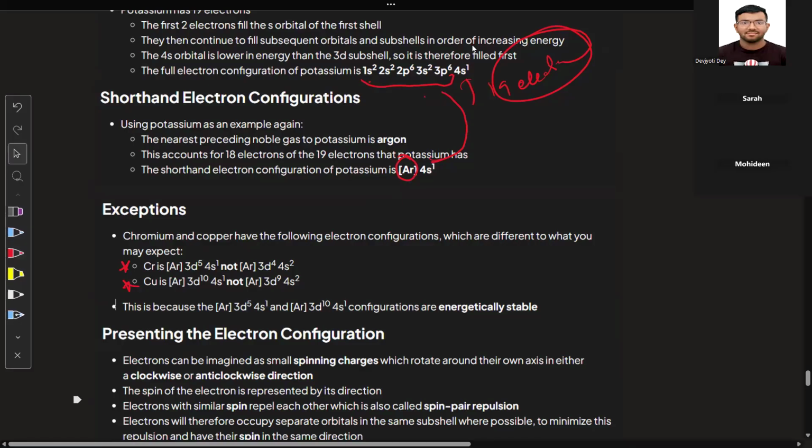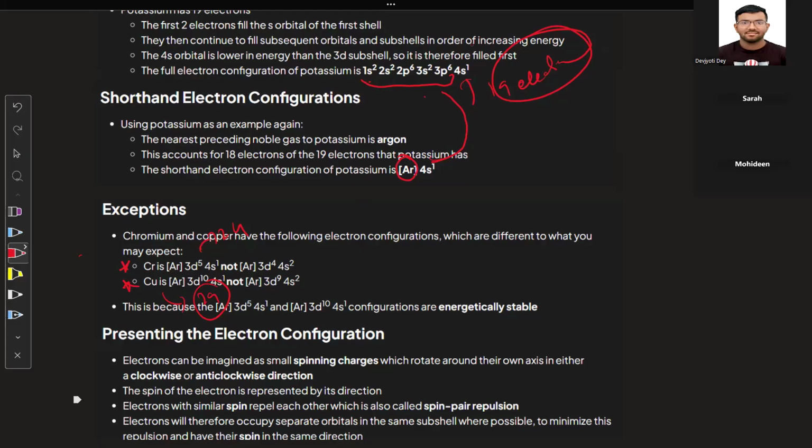Chromium has 18 plus 5 plus 1, so 24 electrons, and copper has 29 electrons.